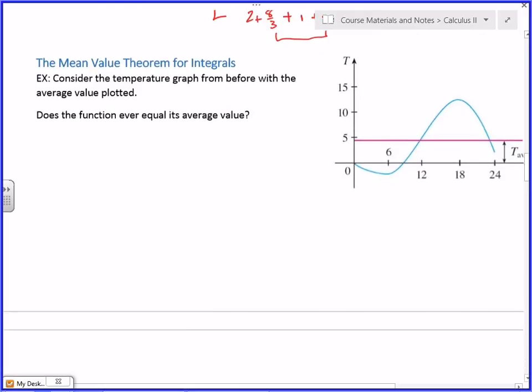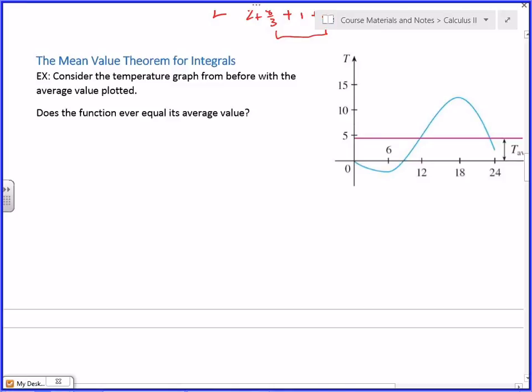There's one result out of here that I want you to know, because this theorem is important beyond the scope of just this class. It turns out to be very useful in some applications later on in this class, as well as in a numerical analysis course that I teach, which is an applied course that some of our engineers will end up taking. It's something called the mean value theorem for integrals.